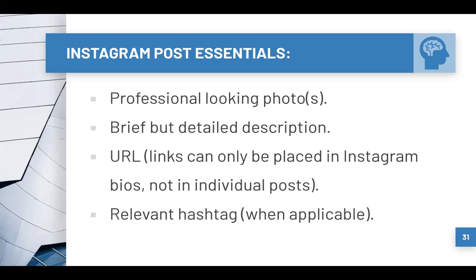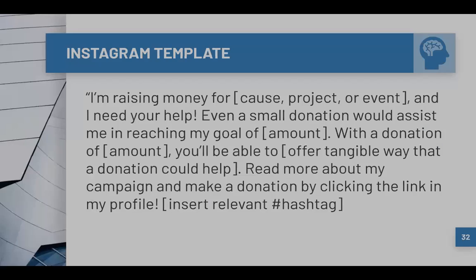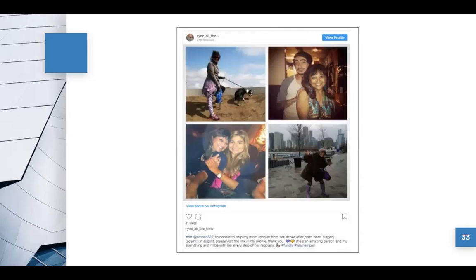Since links cannot be posted in an Instagram post, you would have to post it in your club's bio on Instagram, and make sure that you mention that the link to donate is in your bio, and then again, a relevant hashtag. And then here's another template. I'm raising money. I need help. So here's an example of that.